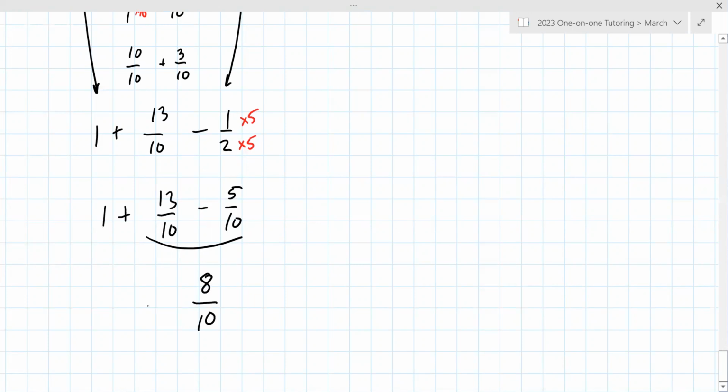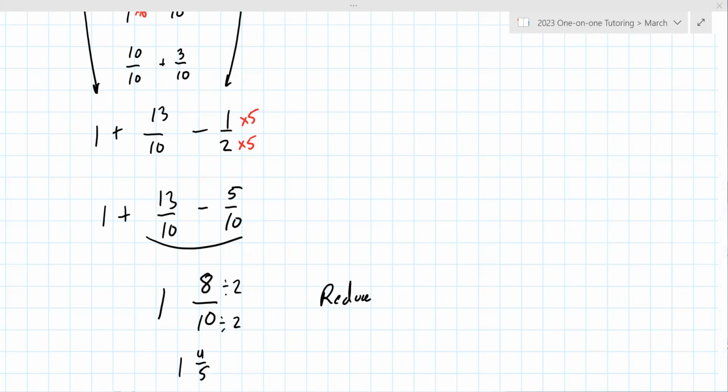Good. Now one more step here, you've got to reduce. So you can divide the top and bottom by 2 here. That's 4.